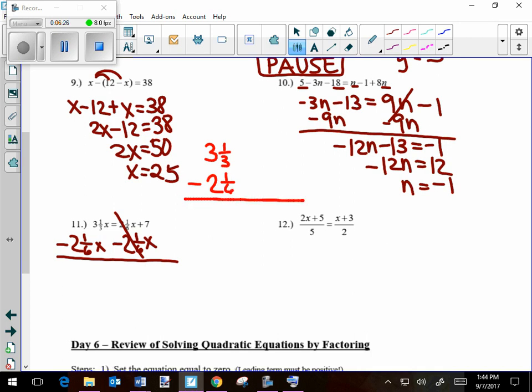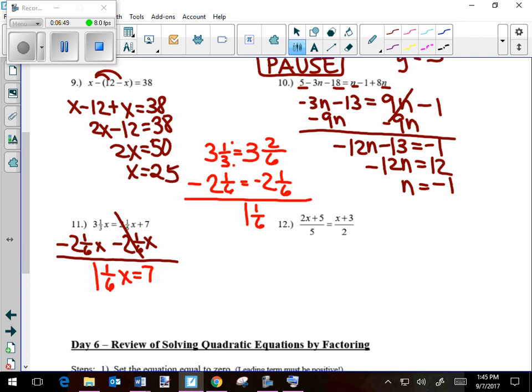I want to get a common denominator, which in this case, of course, is going to be 6. So I'm going to times by 2, I get 2. This one already has a common denominator. So when I subtract, I get 1 1/6. So this is 1 1/6 x equals 7.